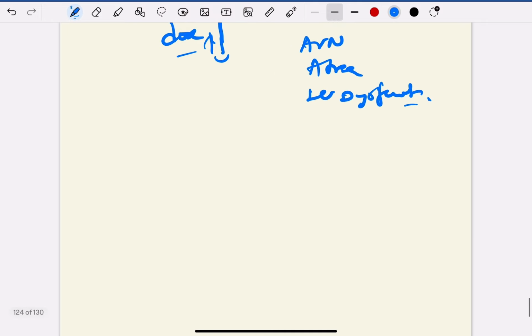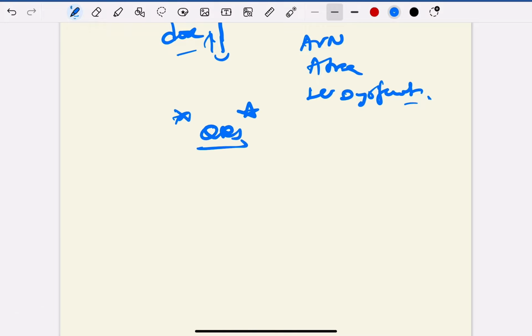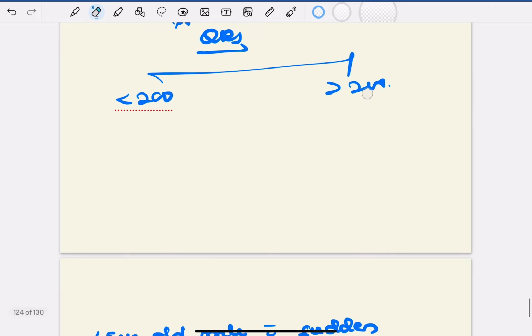So QRS duration is very important in flecainide overdose. Flecainide overdose can present as two different entities: QRS interval less than 200 and QRS more than 200. If it is more than 200, the death rate is more.